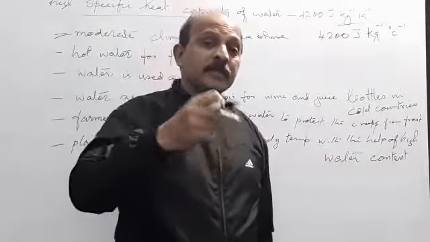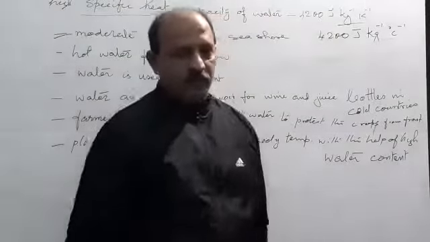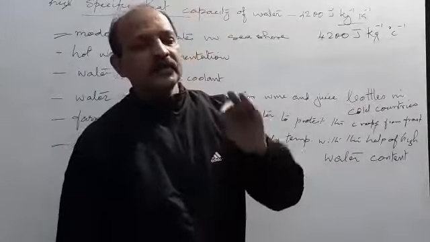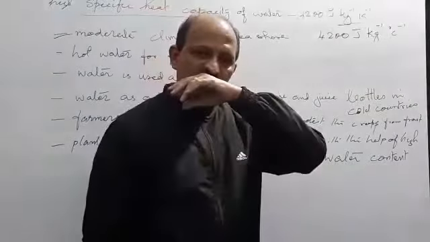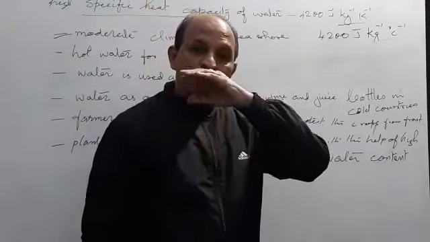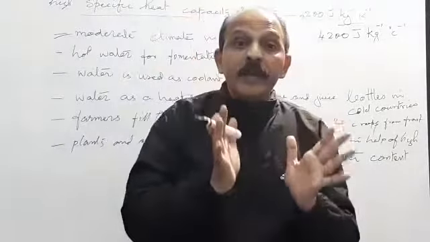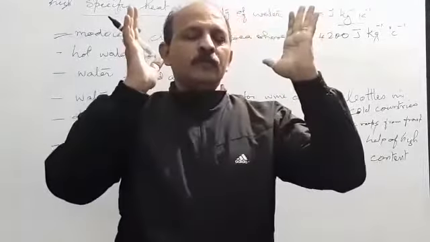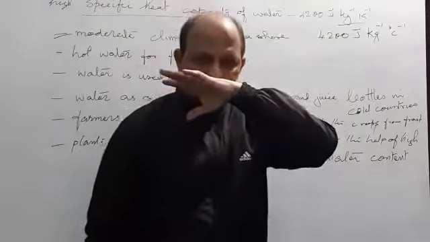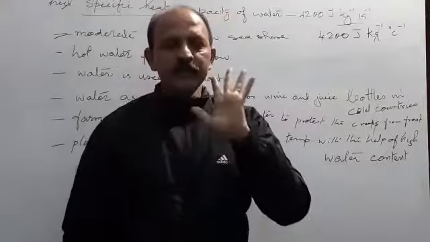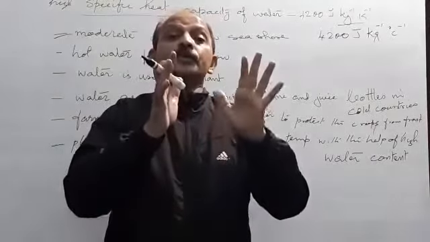Specific heat capacity of water is almost 5 times the specific heat capacity of land surface. And as a result, water body heats up very slowly because of high specific heat capacity, as well as water body cools down very slowly.